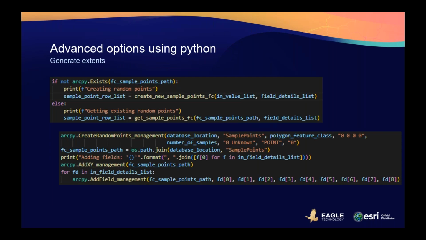You're also able to automate the generation of your actual bounding box extents. Over here, if my sample points exist or do not exist, I'll go and create those, creating that through random points and setting the XY values of my bounding box.